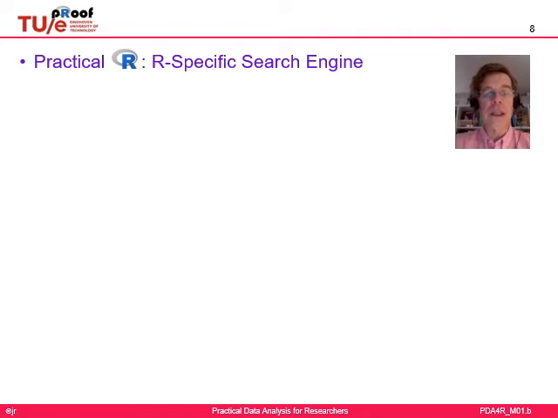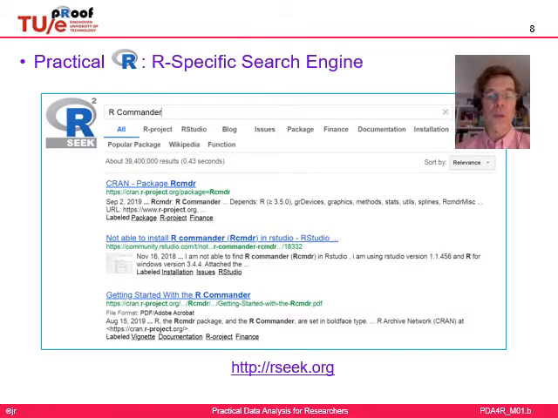Therefore it's good to know that there is an R-specific search engine, which is called, as indicated here, rseek.org, which means that this is a search engine which has a preference for results related to R. It also means that in this search engine, and I will demonstrate it later in a live demonstration, you can enter statistical techniques you're interested in, and then you might find one of those packages out of that enormous amount of more than 16,000 packages, which has already implemented some approach for using a specific technique you might be interested in.